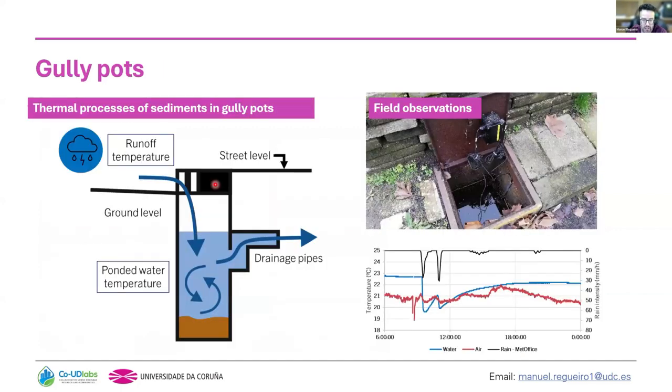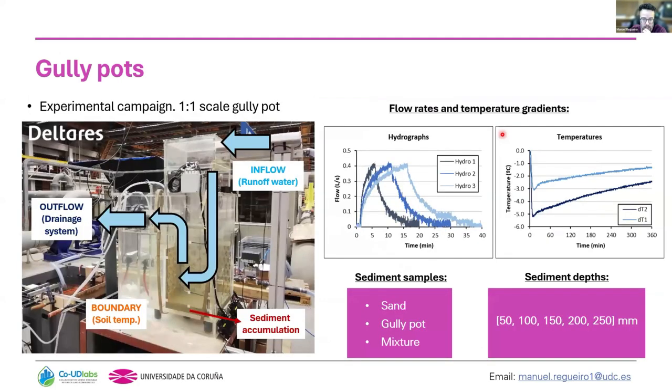Regarding the other application, the gully pots, it was also quite new. In this case, as I mentioned before, we didn't have any reference measurements. So basically, we installed some sensors in the field to have some reference temperatures before moving to the lab to understand these heat transfer processes.